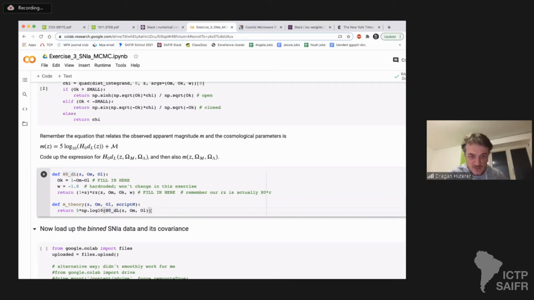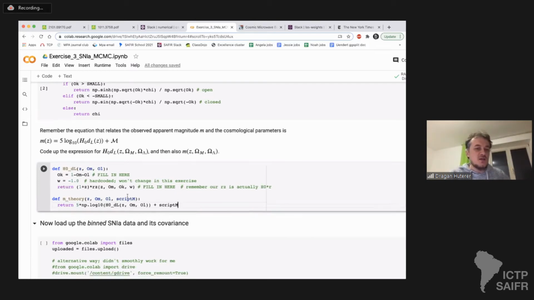It's 5 times log of that, plus script m, right? So the hardest thing here is understanding that script m is a nuisance parameter. It's a sum of 2 other nuisance parameters, so we're actually saving ourselves information by lumping 2 unknown things into 1. Okay, run that. That's good.